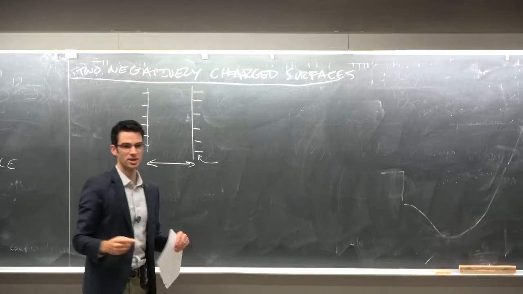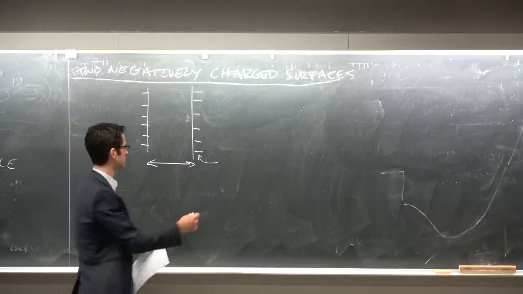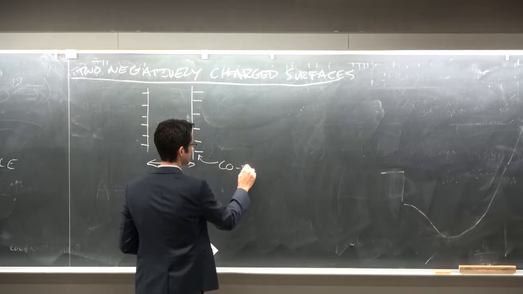The ions that are embedded in the surface, or the ions that are not going to dissociate from the surface, are called the co-ions.